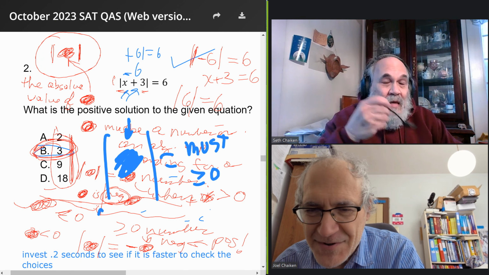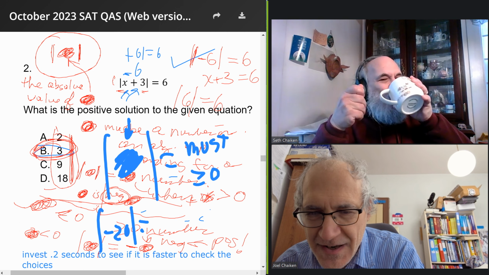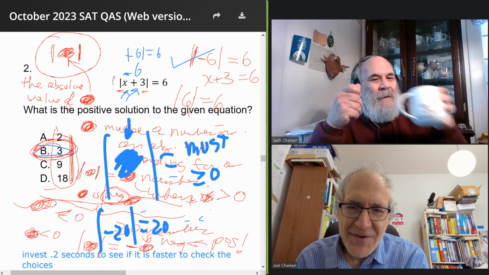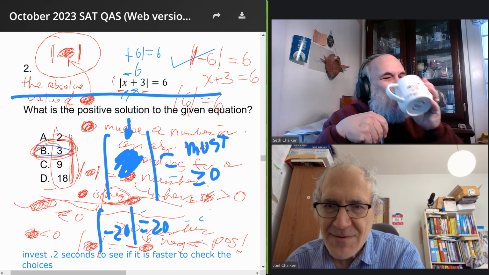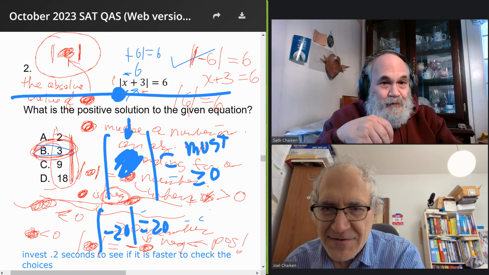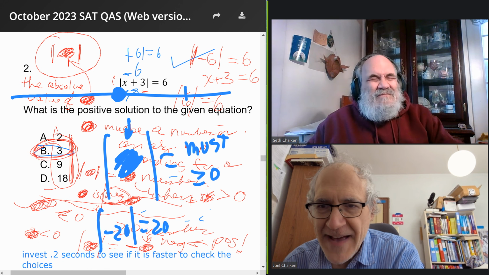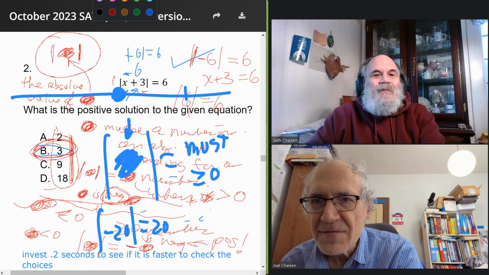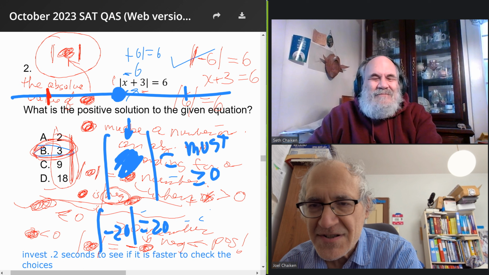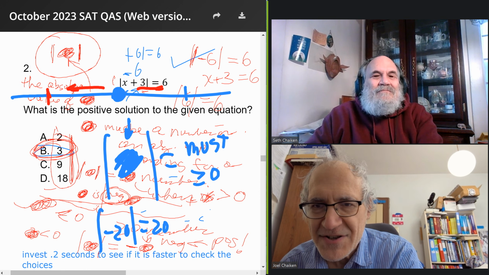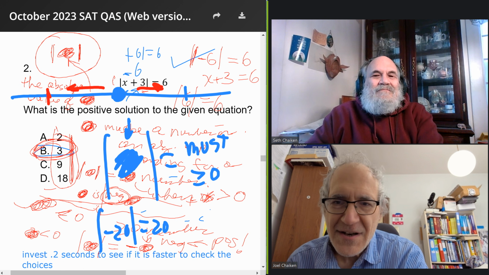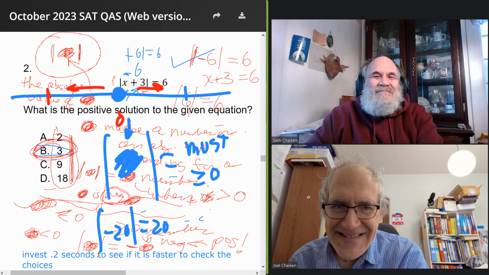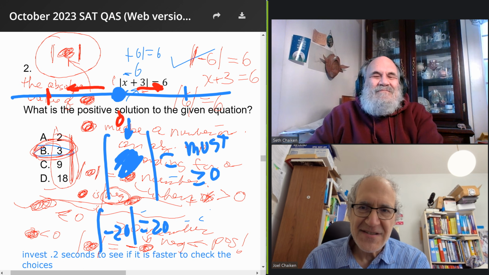But let's choose examples. The absolute value of negative 20 is 20. If you have a number in here, it's fairly easy to understand what it means. You have a number line. The absolute value is a measure of the distance away from 0 on the number line, on either side, and distances are always positive.